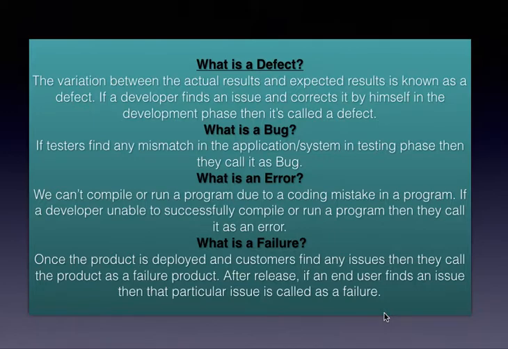Suppose a customer had requirements A, B, C, D, you fulfilled all the requirements and deployed to the customer, but in a particular company there will be some person to maintain that product.